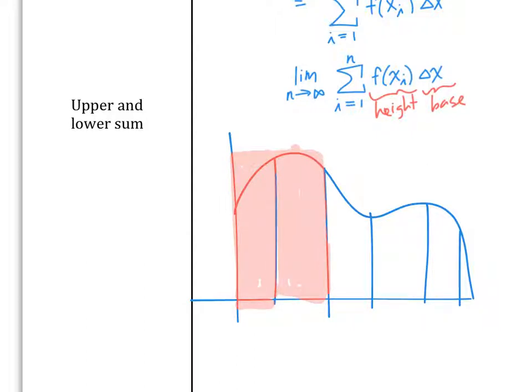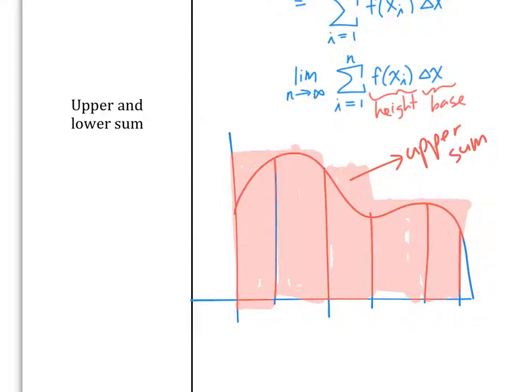Okay, next one, same thing, the highest point in that interval, and the highest point. So this is called the upper sum, so the highest values that you can get.